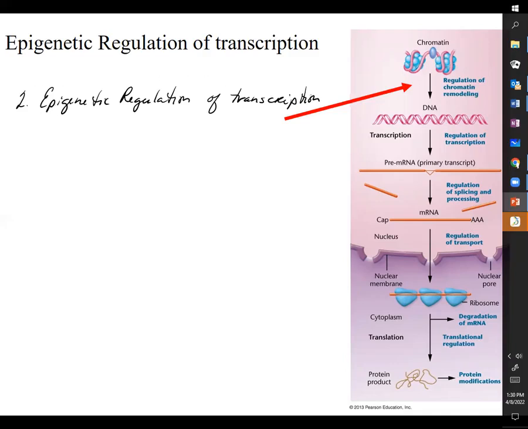The term epigenetic means above the genome. And so this is independent of the gene sequence. So it's modifications that occur above the genome, above the sequence of the A's, T's, C's, and G's.